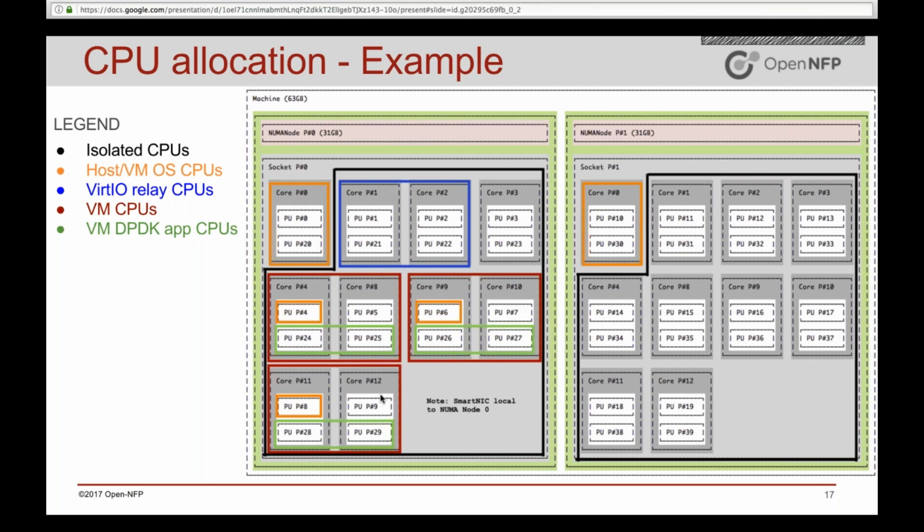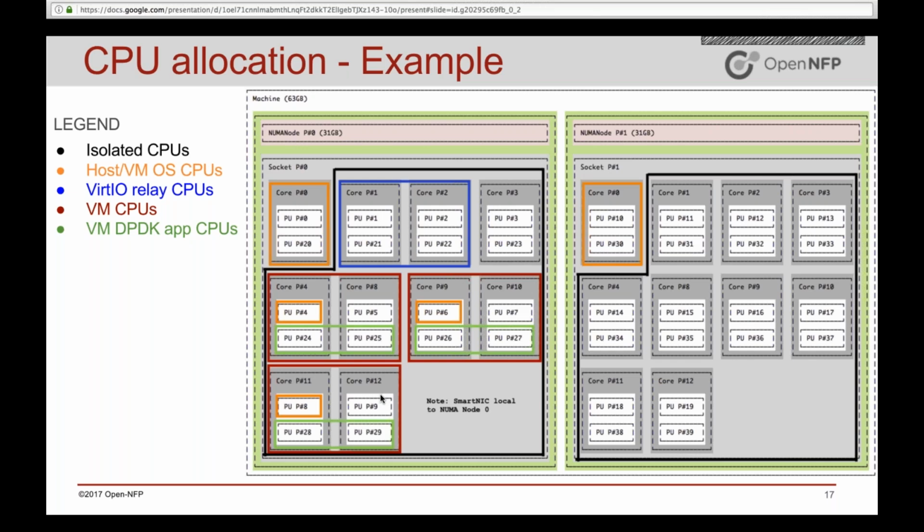Yes, and you'll notice that in this particular example, we're focusing on NUMA node 0. It is fairly typical if you're trying to get the best case performance that we will focus on configuring resources to use the same NUMA node as the node into which the SmartNIC is plugged in and avoid using NUMA node 1.